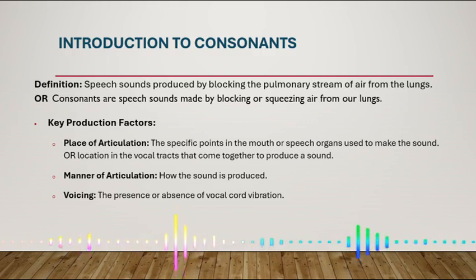In describing consonant sounds, there are key factors that will help us in producing these sounds. The first factor is the place of articulation. This is where the sound is made or produced, the specific location where the sound is produced.